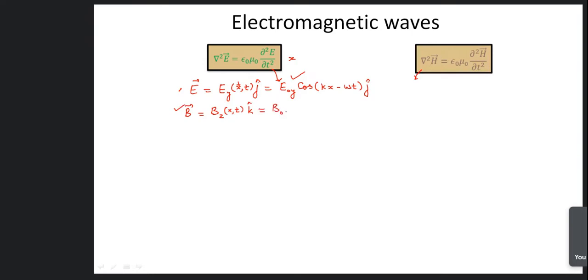This is equal to B naught, the amplitude in the z direction, amplitude of B, times cos. It is propagating along the positive direction of the x-axis. So you can write this as k cap here, and this is k cap, when positive x is the direction of propagation. So we can write this solution and this for a propagating electromagnetic wave.